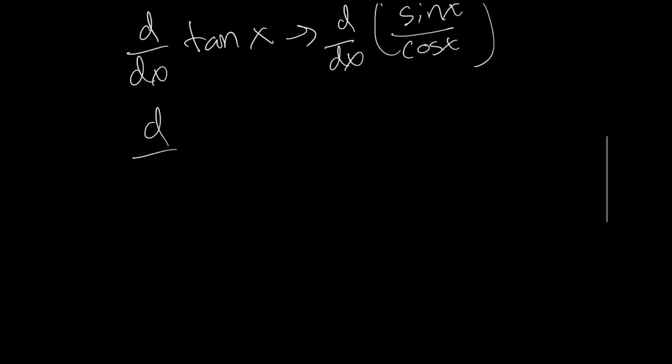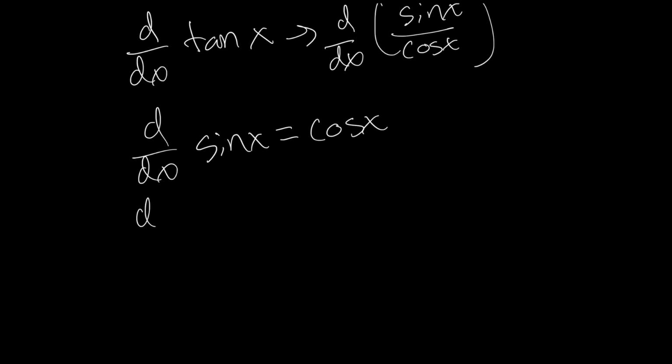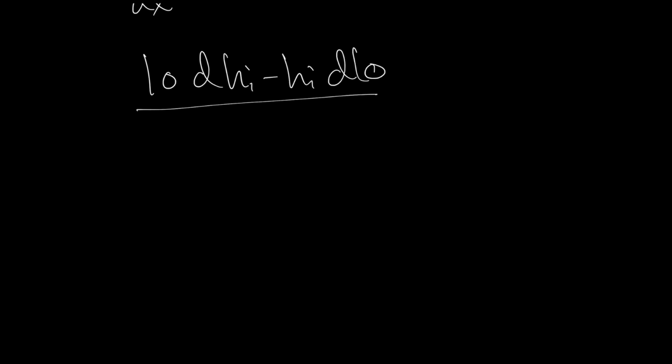So we know that the derivative of sine x is equal to cosine x, and that the derivative of cosine x is minus sine x. So let's apply this to our equation. So low d high minus high d low over low low.